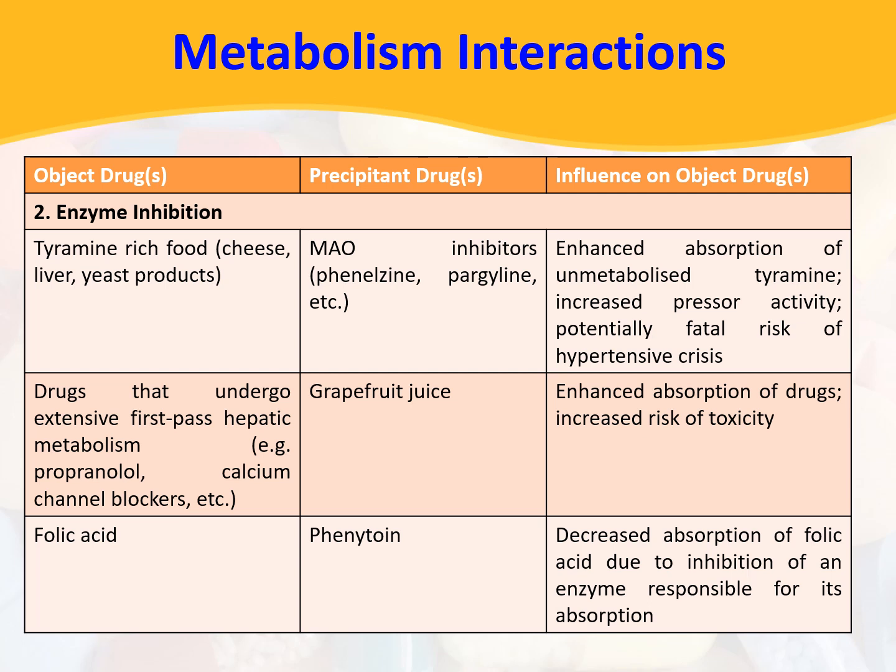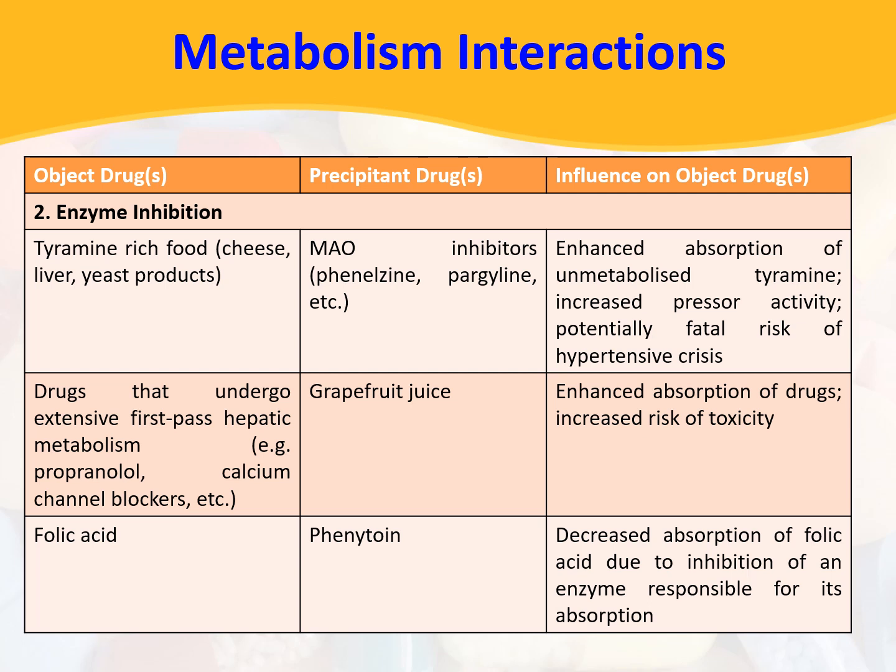And whenever drugs which undergo extensive first pass hepatic metabolism, for example propranolol, calcium channel blockers, etc., are taken along with grape juice, due to enzyme inhibition it leads to enhanced absorption of drugs and increased risk of toxicity.